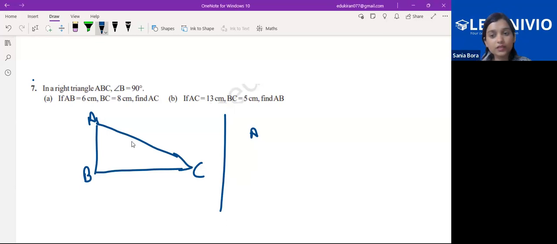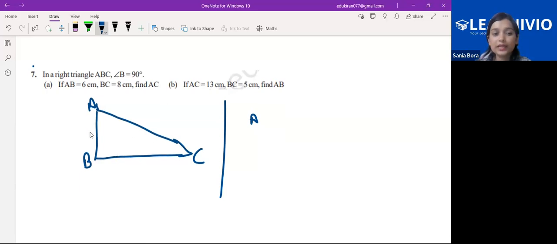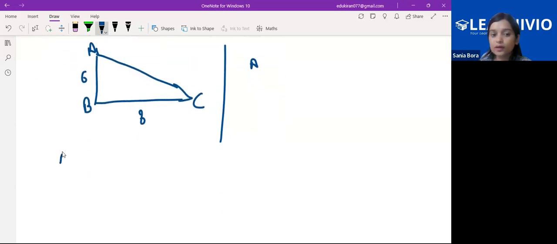Okay. So in this scenario, basically, AB was 6 and BC was 8. So definitely AC square equals 6 square plus 8 square, right? 36 and 64.